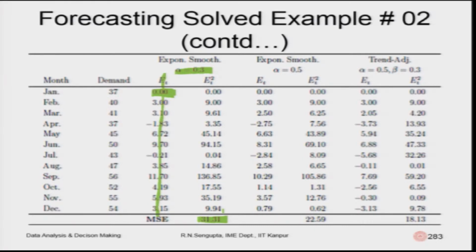Now, again we do the same calculation for alpha equal to 0.5, find the errors, then square the errors and sum them up. So, in the second case, for alpha equal to 0.5, you have 22.59 as the error, and 31.31 as the error for alpha equal to 0.3.